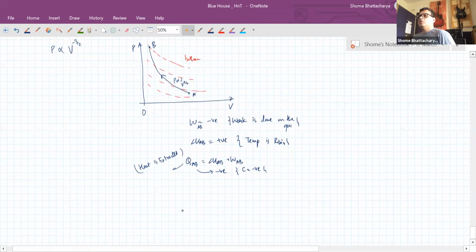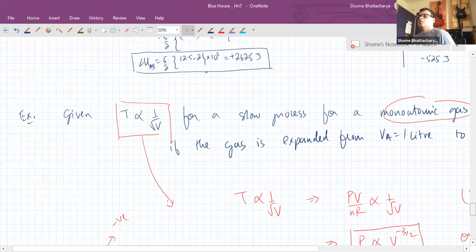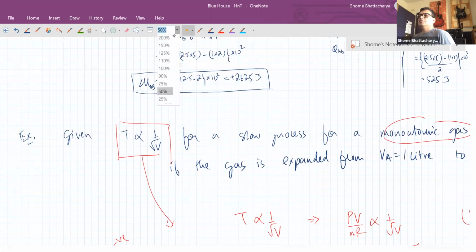Now actually what we are doing is going from a volume of 1 liter to a volume of 4 liters. What was the initial temperature?